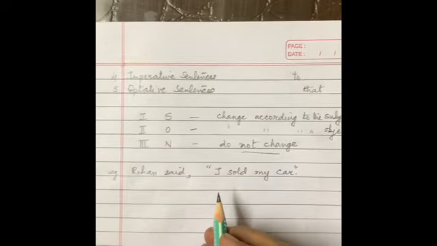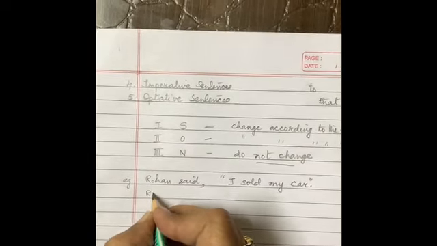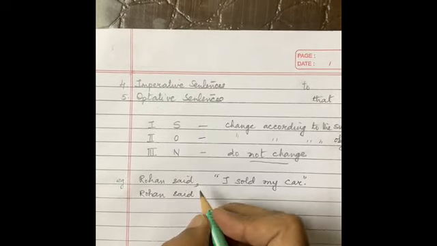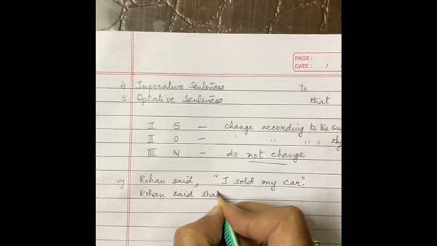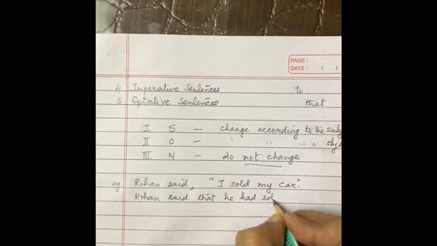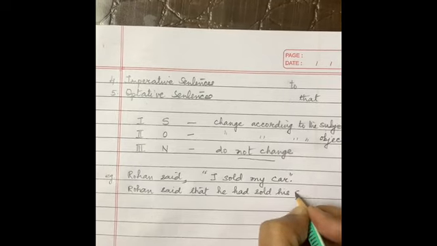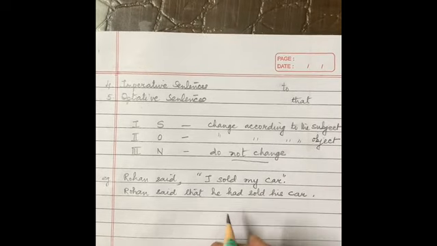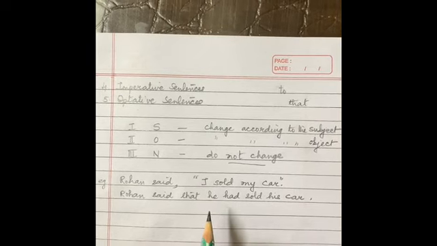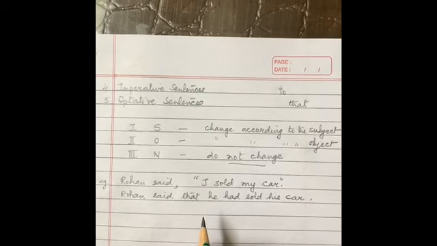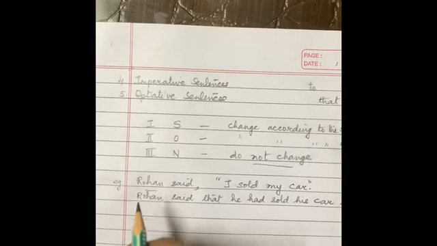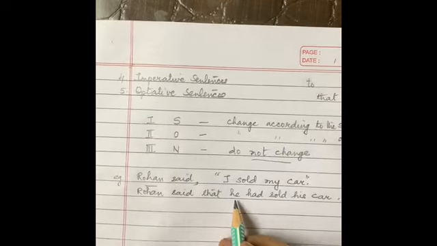So the indirect speech will become: Rohan said that he had sold his car. So first person pronouns change according to the subject, right? So what is the subject? It is Rohan. So for Rohan, we will use he, right?